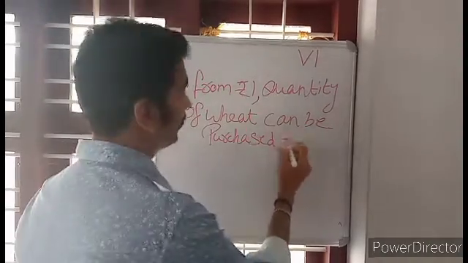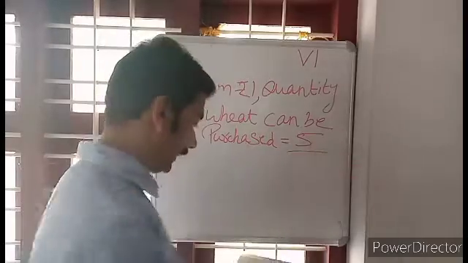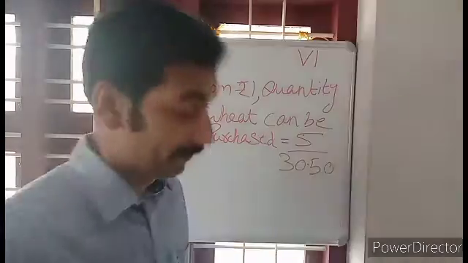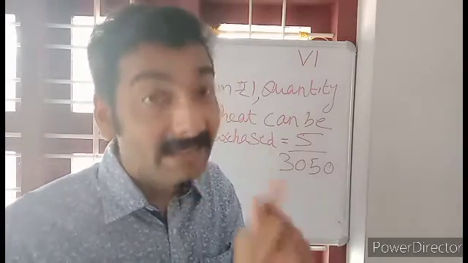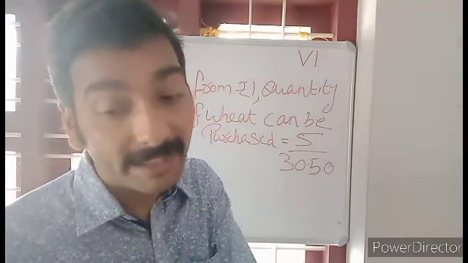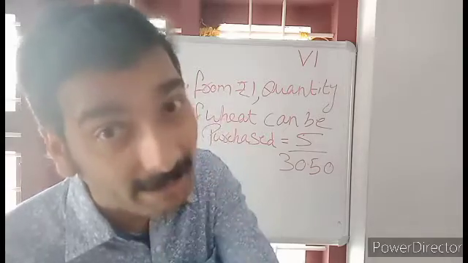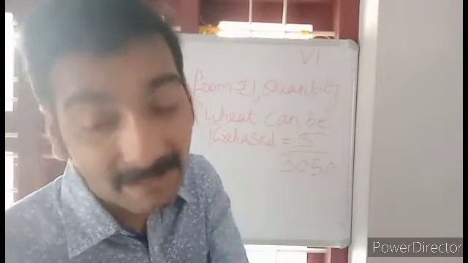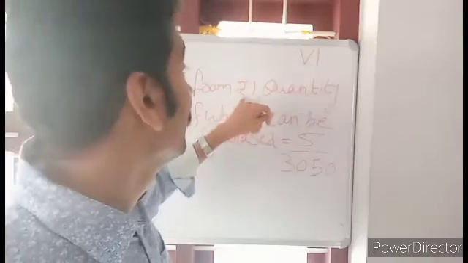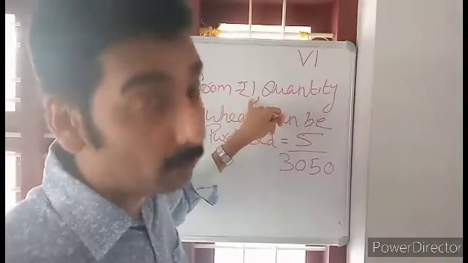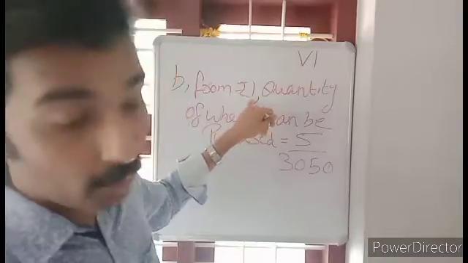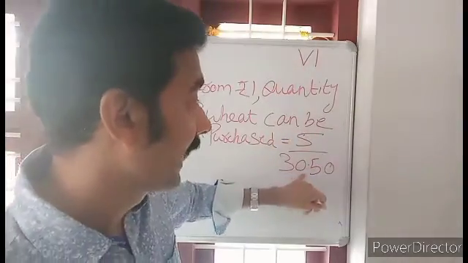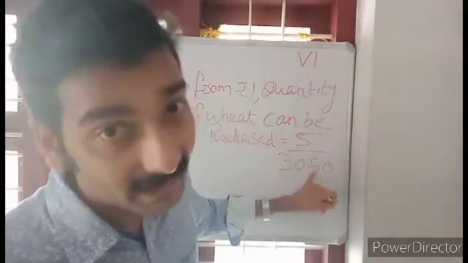That means 5 divided by 30.50. It is in the question.